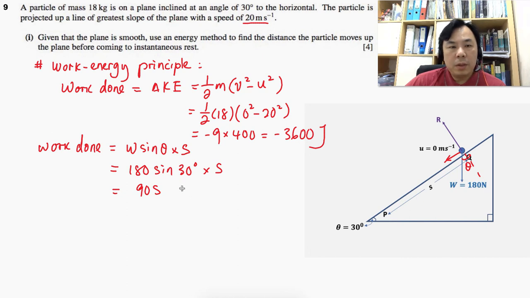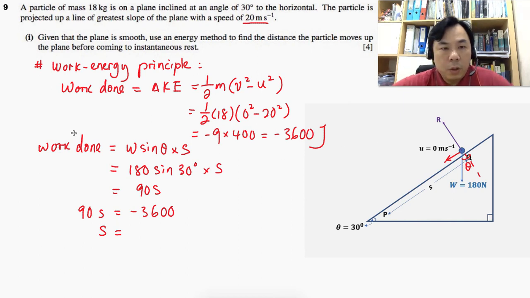All right, so I hope that is clear. Now, all we need to do is just equate this equation here. So therefore, we have 90 multiplied with the displacement is equal to 3600. Hold on. Oh yeah, I forgot that. Because the work done itself, the direction of the weight is in this direction, but the displacement is actually going upward. Okay, I just want to make it clear.